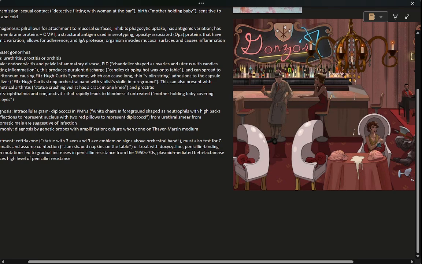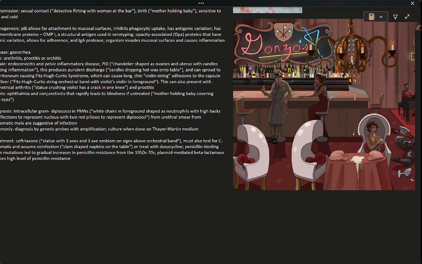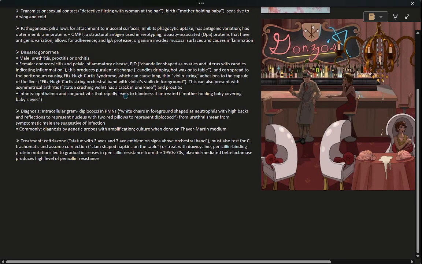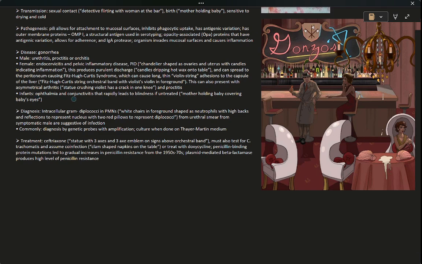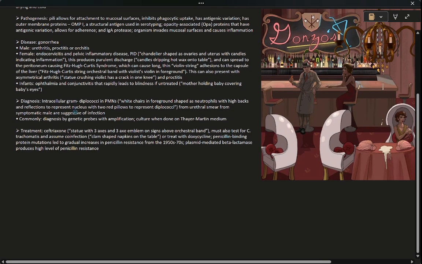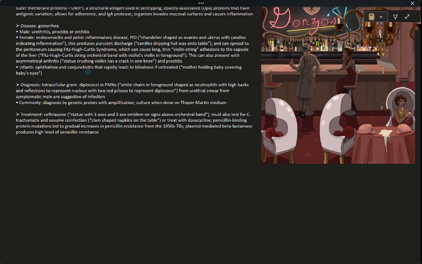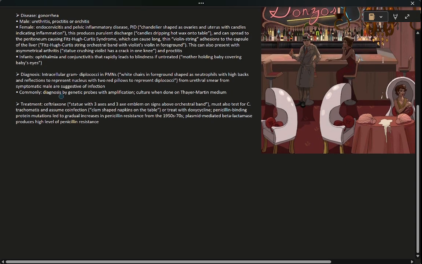So here's a mother with her baby, and she is obviously covering the baby's eyes, and that is supposed to represent the rapid blindness that can occur if the infant is not treated for the Neisseria gonorrhoeae. And remember that ophthalmia and conjunctivitis are the two key findings associated with infant infection for Neisseria gonorrhoeae.